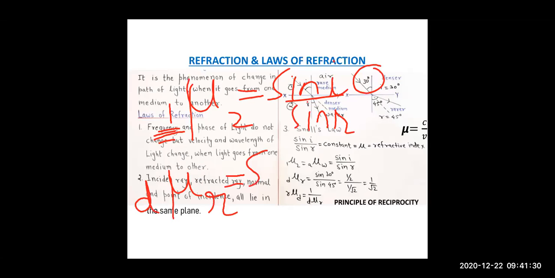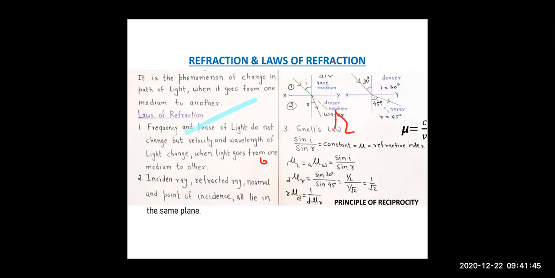So in the denser medium, the angle is 30. In the rarer medium, the angle is 45. So sine 30 is half, sine 45 is 1 by root 2. And your final answer is 1 upon root 2. Okay, children, so the answer is 1 by root 2. So this is refraction and the laws of refraction.